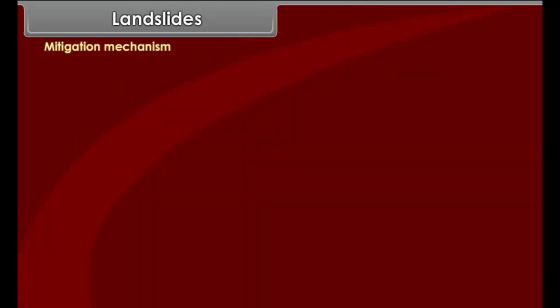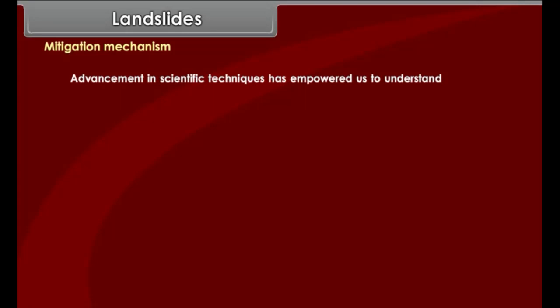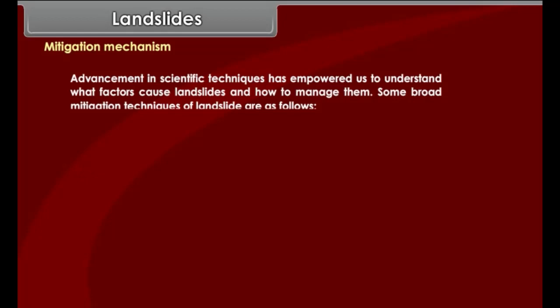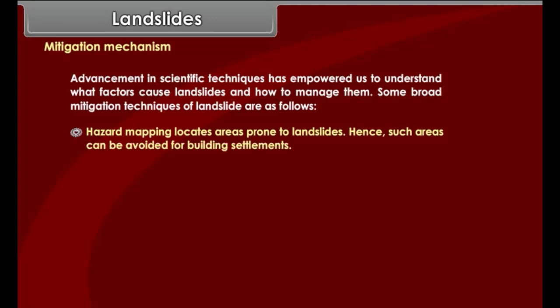Mitigation mechanism. Advancement in scientific techniques has empowered us to understand what factors cause landslides and how to manage them. Some broad mitigation techniques of landslides are as follows. Hazard mapping locates areas prone to landslides.